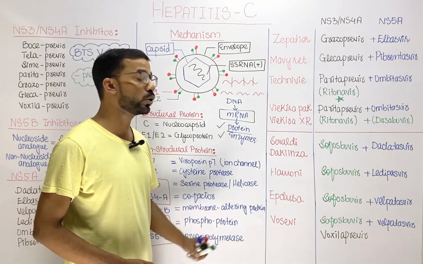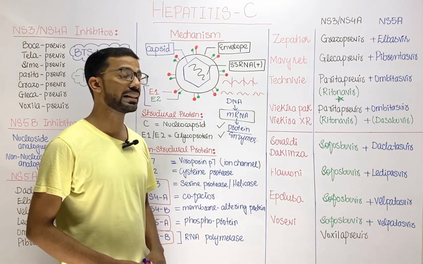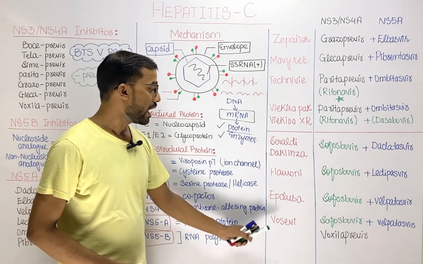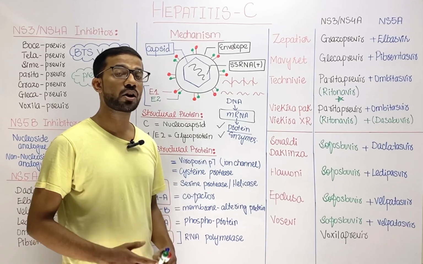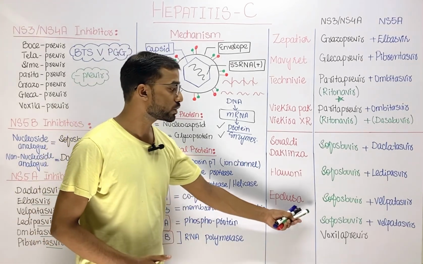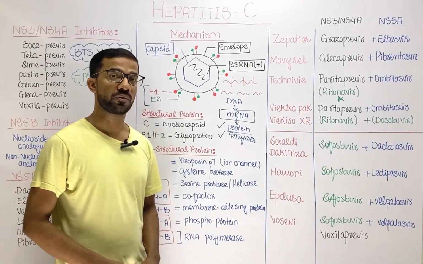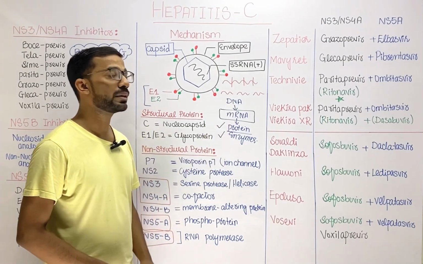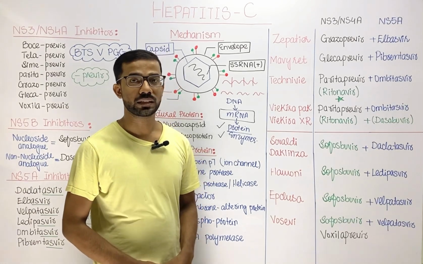Next is Epclusa, the combination of sofosbuvir and velpatasvir. And next is Vosevi, with a combination of three drugs: sofosbuvir, velpatasvir, and voxilaprevir.